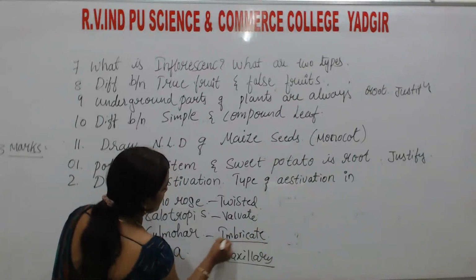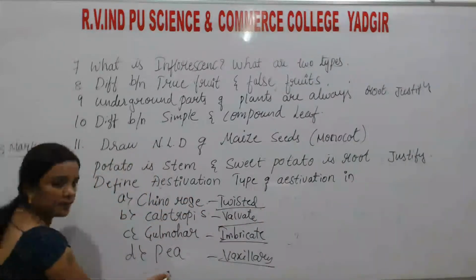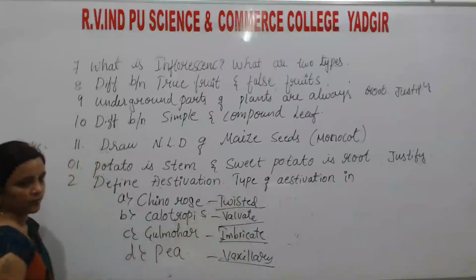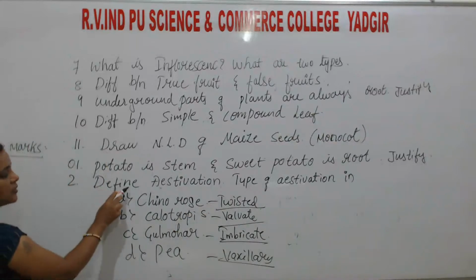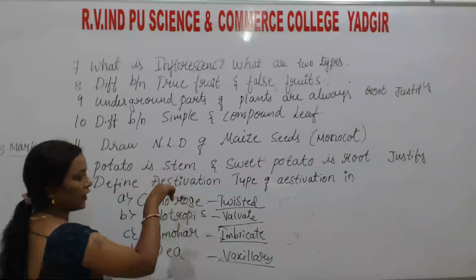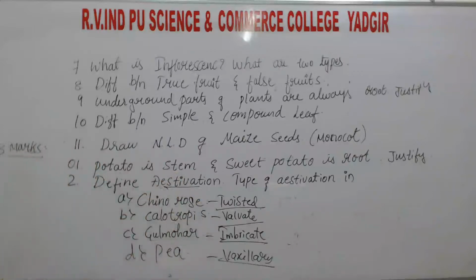These are the answers: imbricate, valvate, twisted. They have given the examples, and you have to write what type of aestivation. Aestivation means the arrangement of calyx or corolla on the floral axis. You will get the definition in your textbooks.